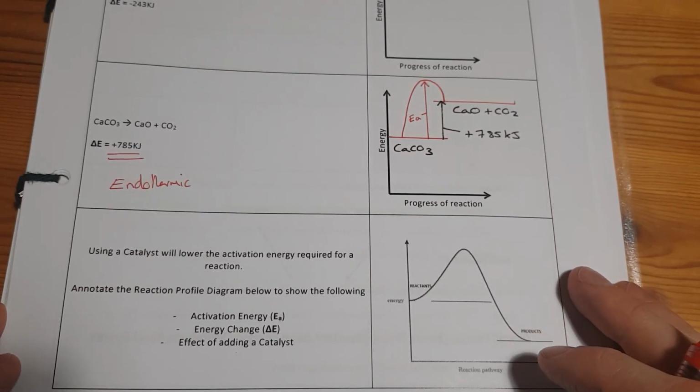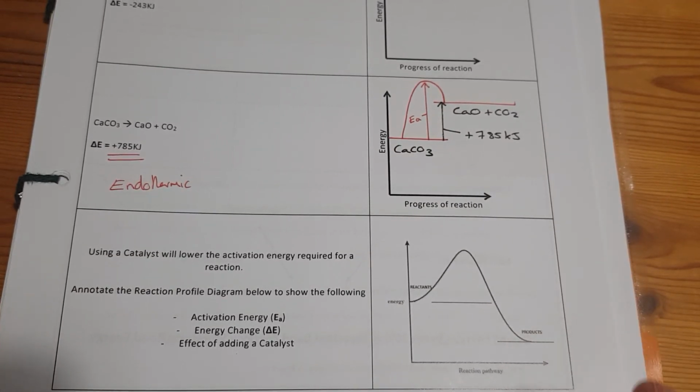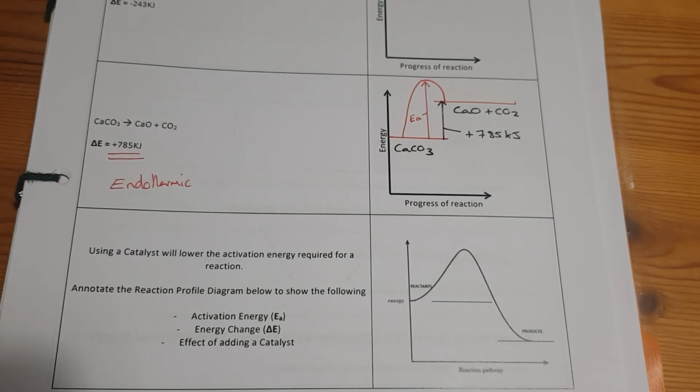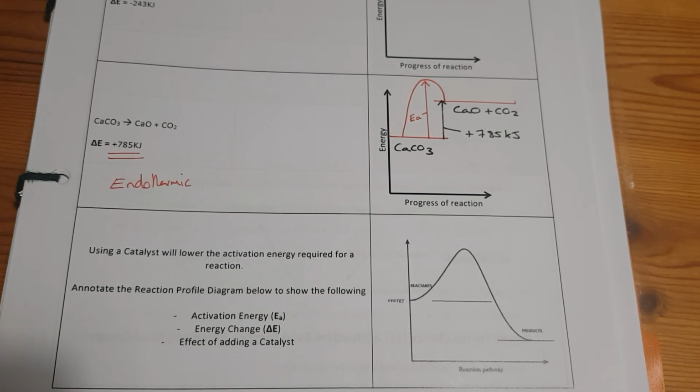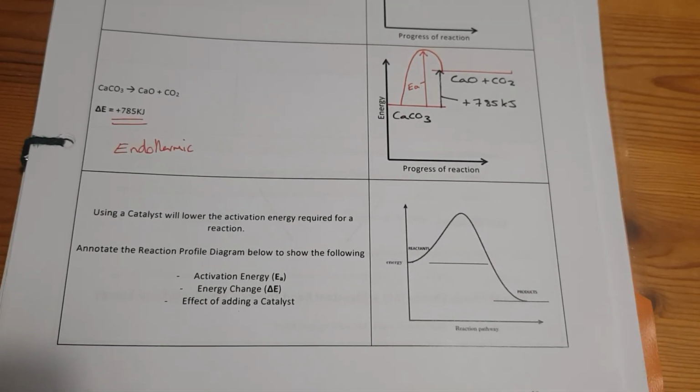All right, so there's one here for you to have a go at, and there's one here at the bottom that you should have a go at. And another thing that I want you to think about is the effect that you would expect if you add a catalyst. Okay, so you might want to look this up because again we haven't done topic 6 yet. We haven't done rates of reaction, we haven't covered catalysts, but if you look it up very quickly in your revision guides or online, just find out how a catalyst speeds up the rate of reaction, and I think you'll find it's quite simple.